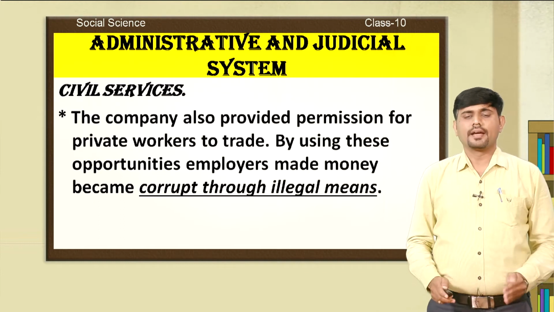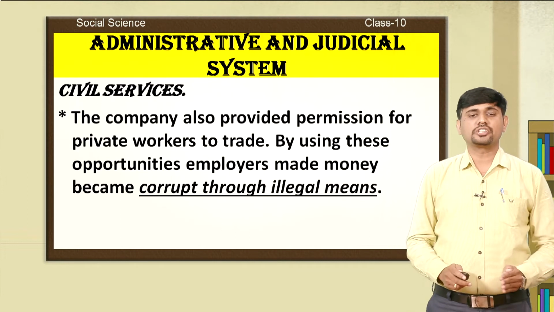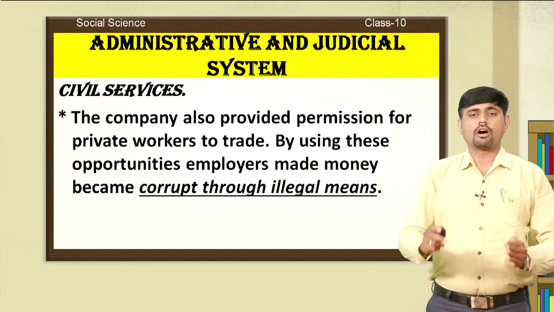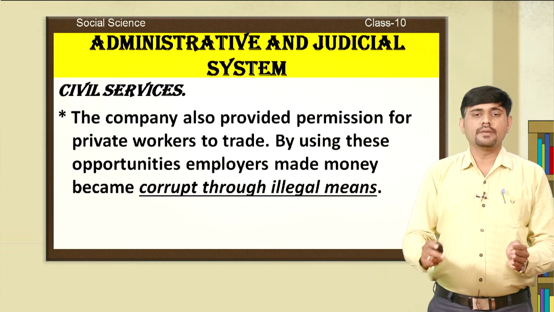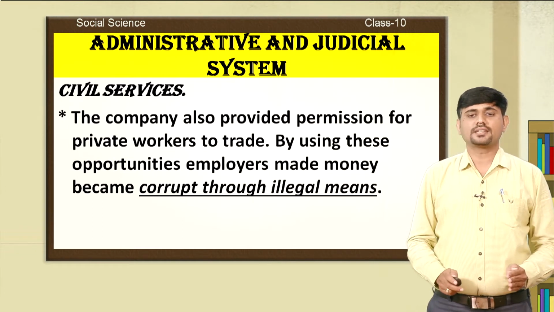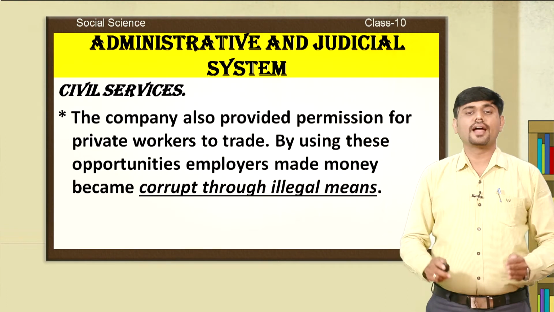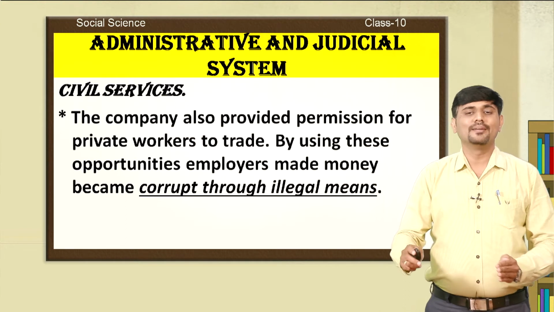Initially, trade was only permitted to the British East India Company. But later on, permission was given even to the private officials of the company. With that, they started earning a huge amount of money and became corrupt through illegal means.